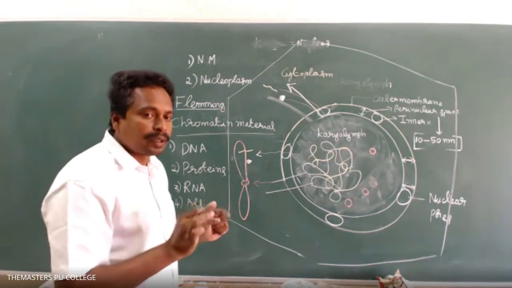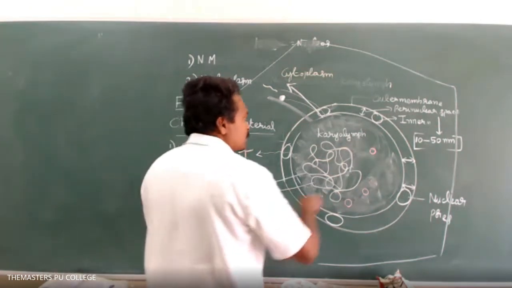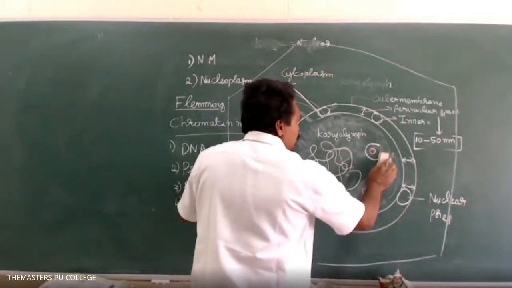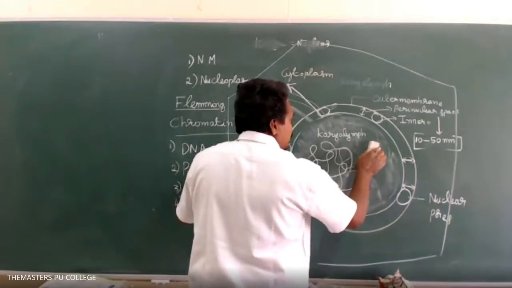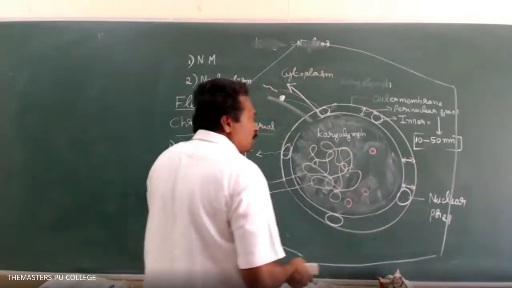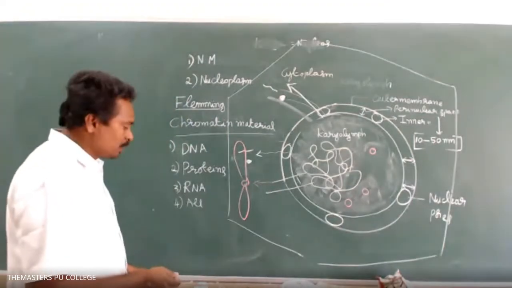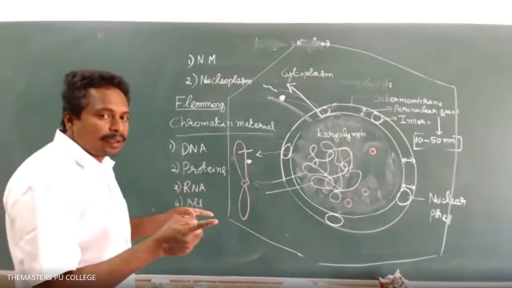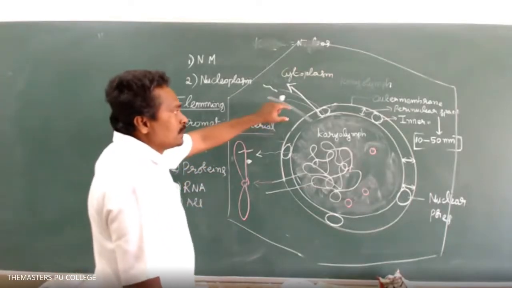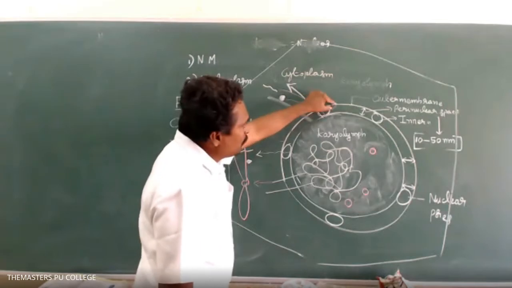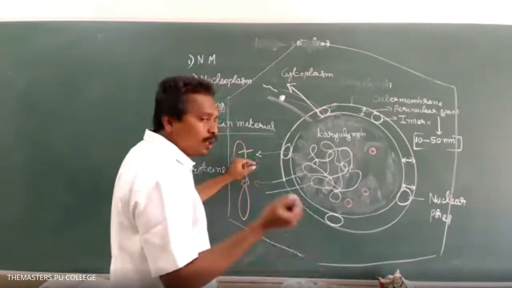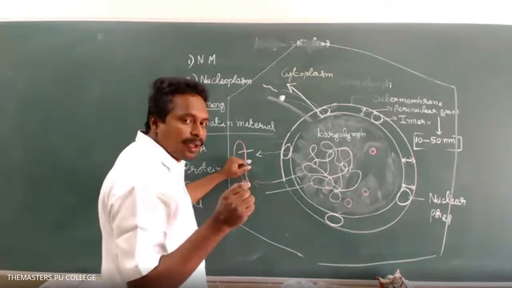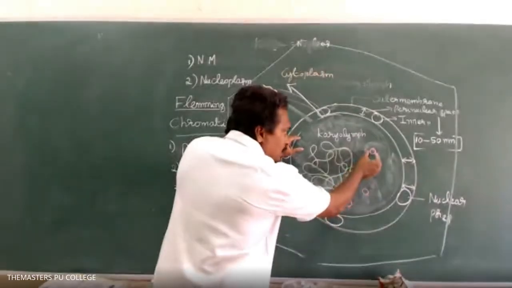The nucleus is membrane-containing: it has an outer membrane and an inner membrane. Whereas the nucleolus is a small spherical shaped structure present inside the nucleus.